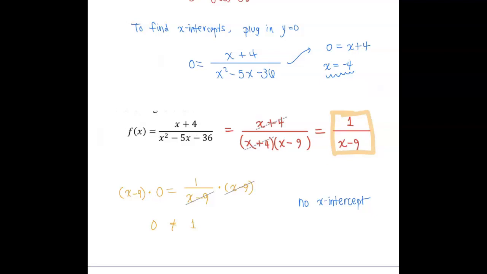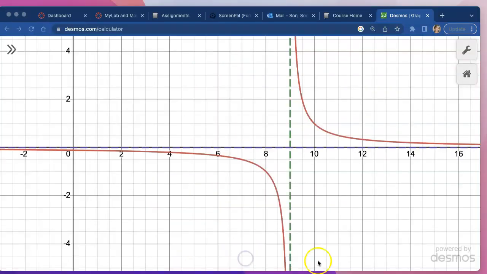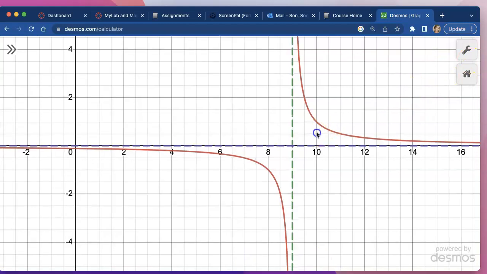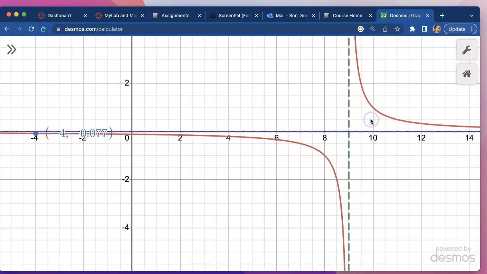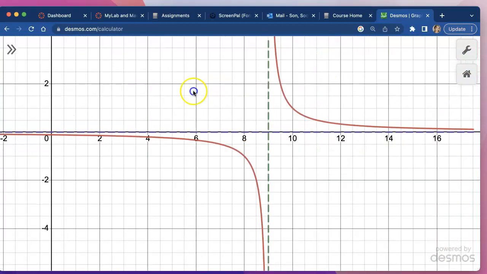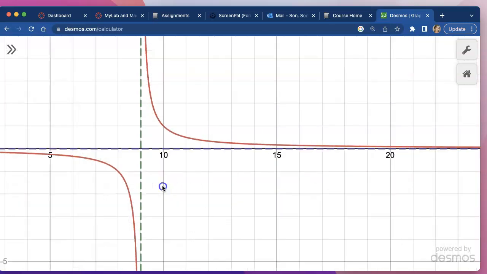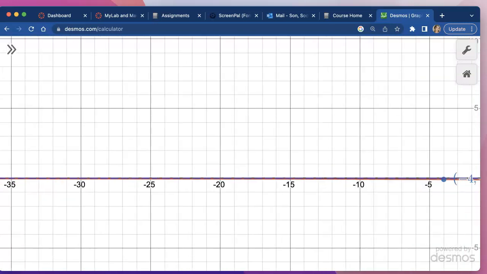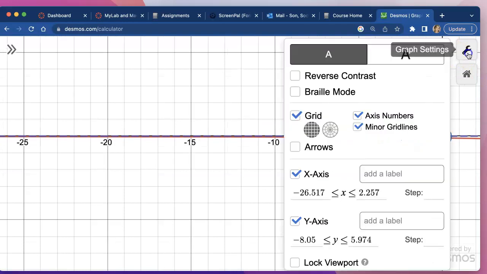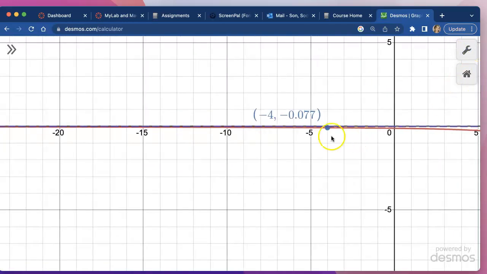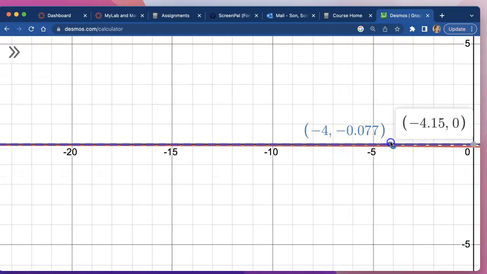If you want to confirm that, we can go over here and see: is this graph touching the x-axis anywhere? To the right end, it doesn't, because it gets infinitely close to the x-axis but never touches it. Over here, that's a little tricky. I'm trying to zoom in.